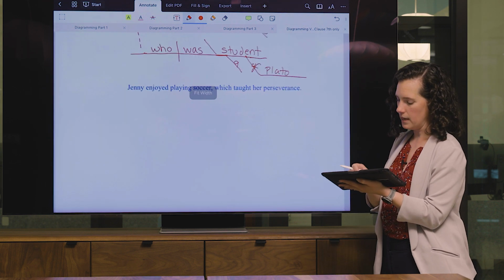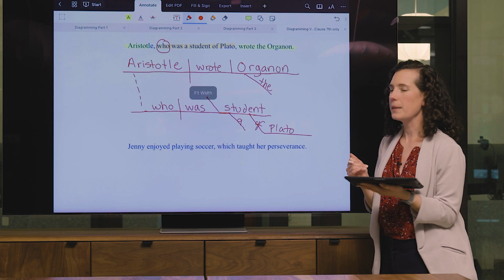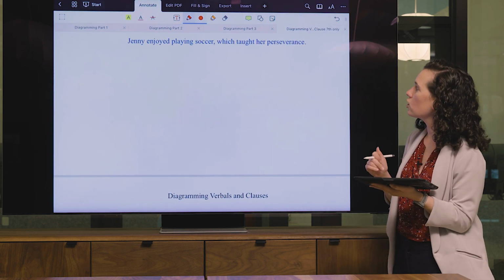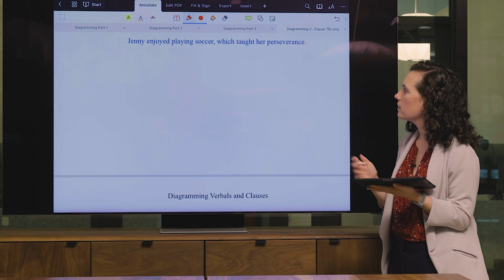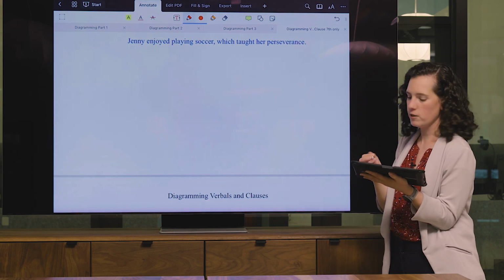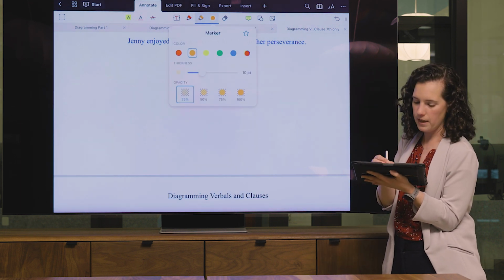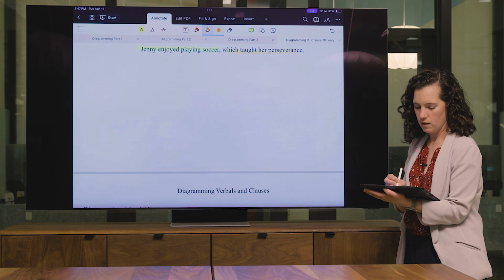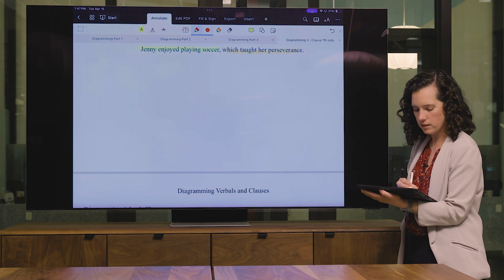Let's do one more sentence with these relative pronouns. Jenny enjoyed playing soccer, which taught her perseverance. Our independent clause is that first half. Jenny enjoyed playing soccer. And our dependent clause is the second half, which taught her perseverance. First, we diagram our independent clause.